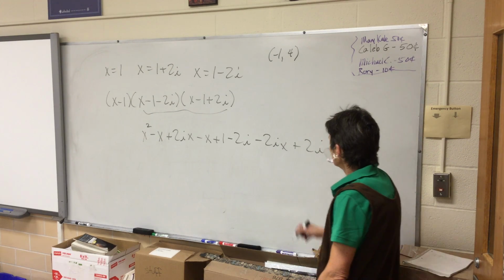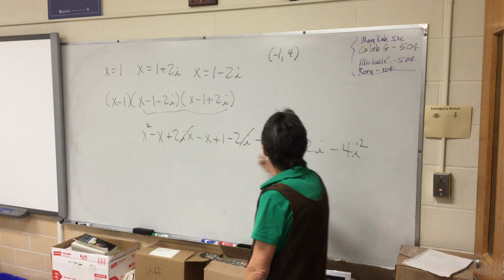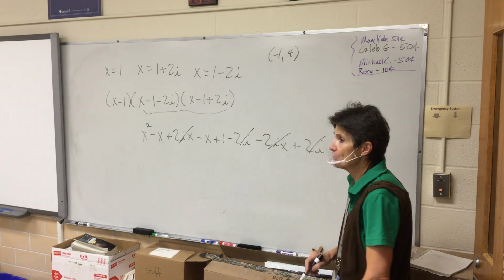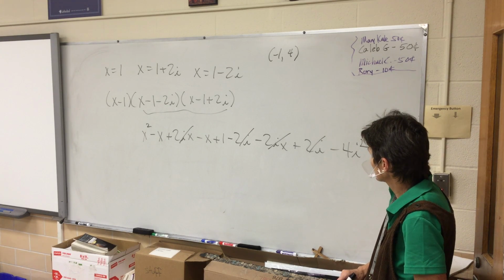But again, you should have all your i terms canceling out. So that's kind of a little check for you. If they don't cancel out, then you know you've made some kind of mistake.